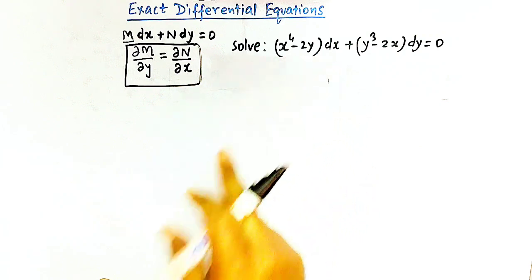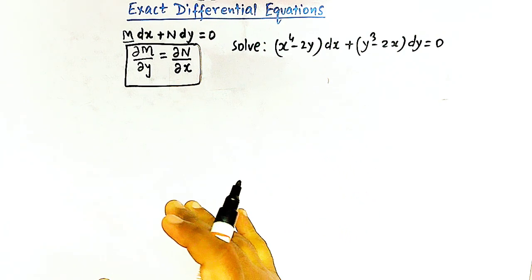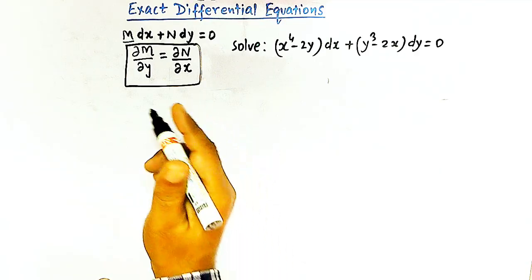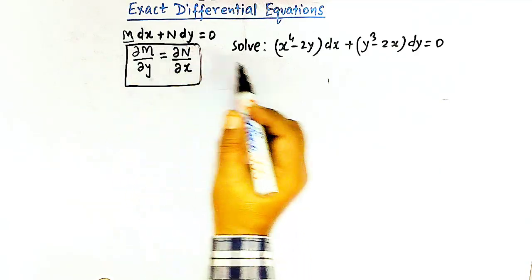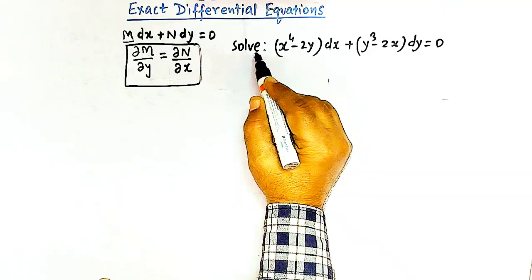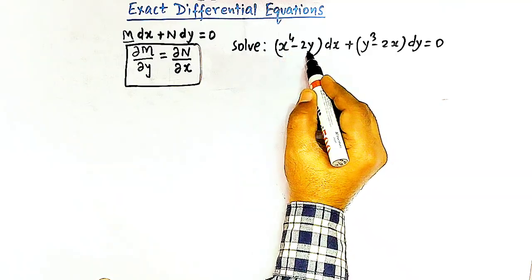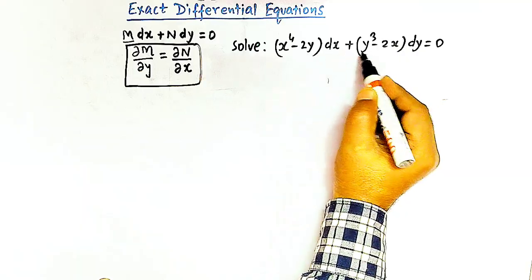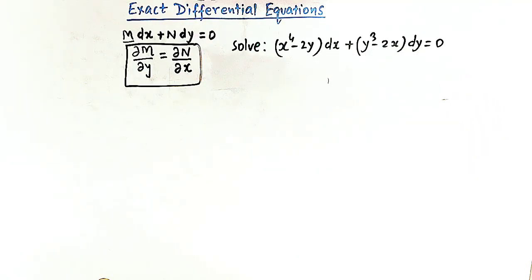Here we are going to discuss the algorithm, or the procedure, of how to solve exact differential equations of this form. We have this differential equation: x to the power 4 minus 2y dx plus y cubed minus 2x dy is equal to 0.